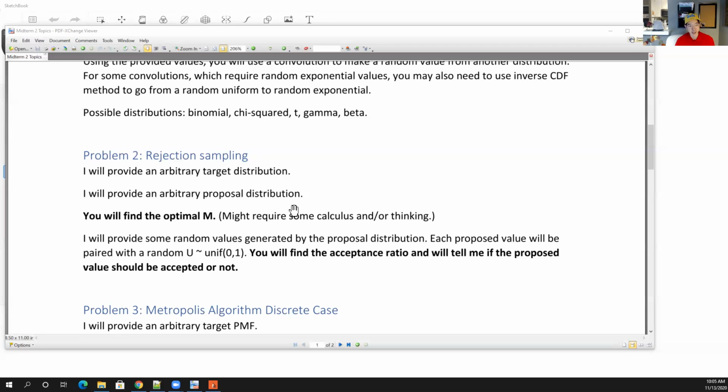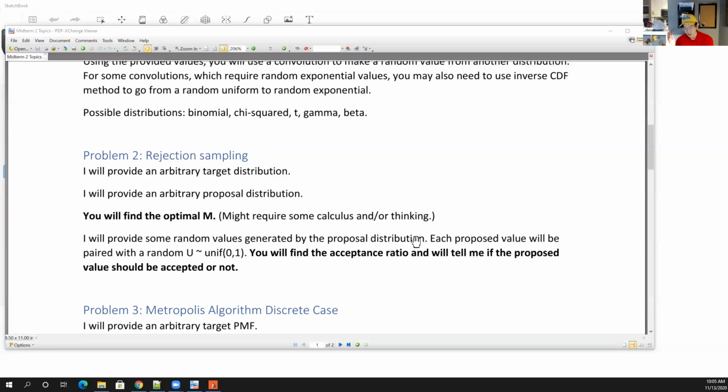All right, regarding finding where the max is, because you're going to have to find the max of f of x over g of x. So you'll have to figure out where the max is and figure out what that value is for M. Okay, and once you have that, I'm going to provide some random values generated by the proposal distribution.